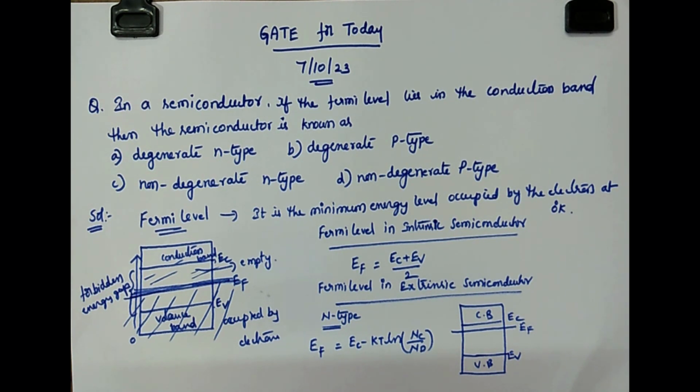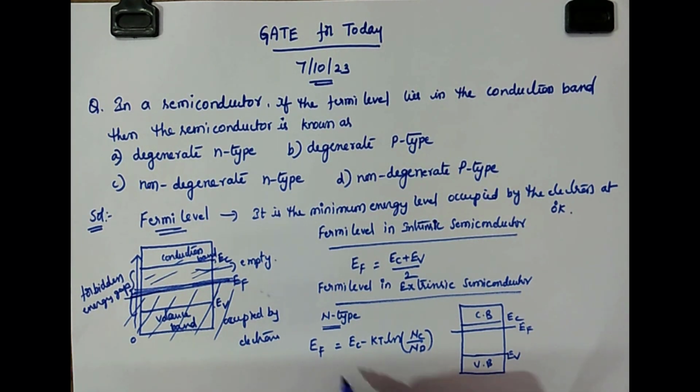Pentavalent atoms have 5 electrons in their outermost orbit. 4 of those 5 electrons form bonds with the pure silicon and 1 is vacant. With the help of external energy, you can break that bond and that electron becomes free. So you'll get more number of electrons. All those electrons present in the conduction band means the conduction band is having more energy. So as electrons are more, the energy is more, and the Fermi level is shifted toward the conduction band.